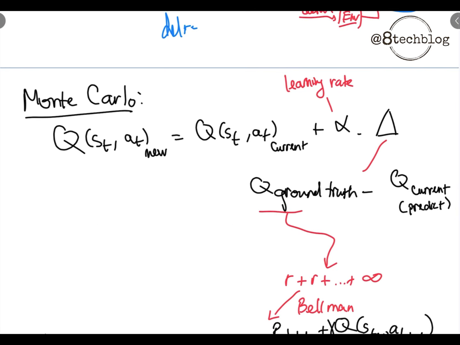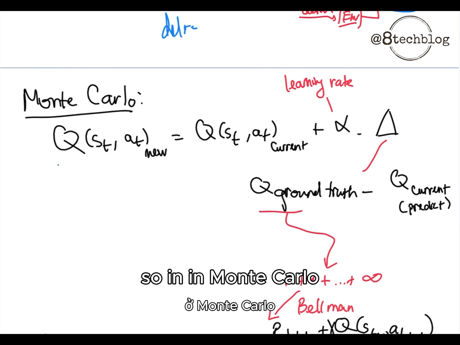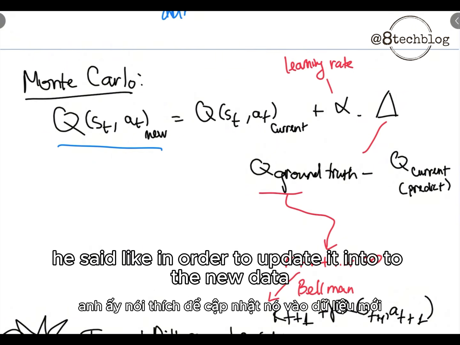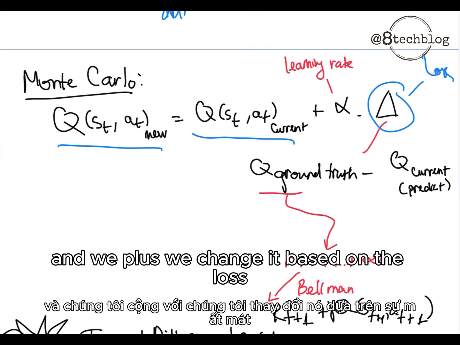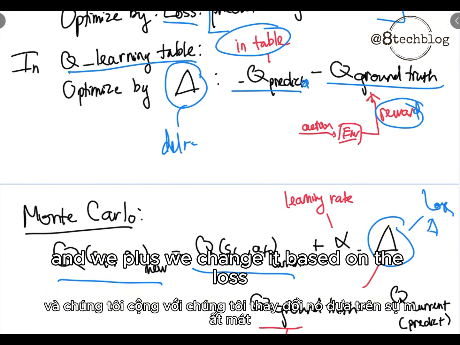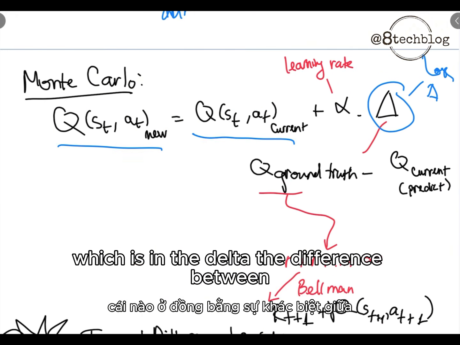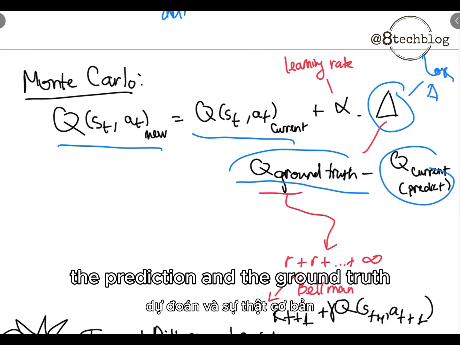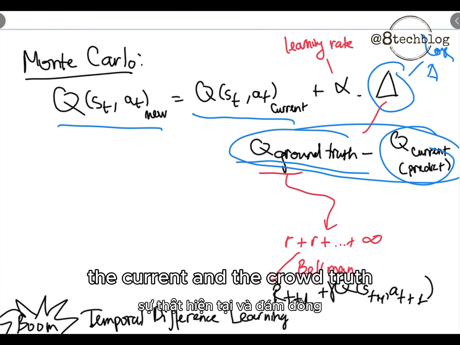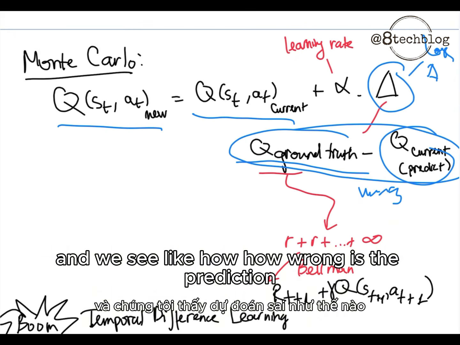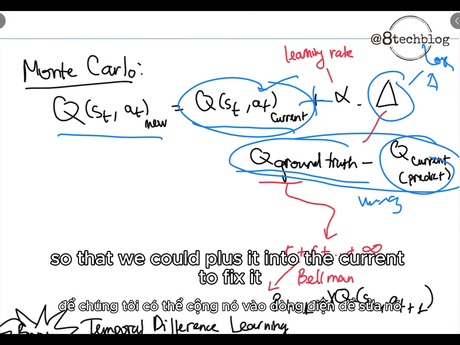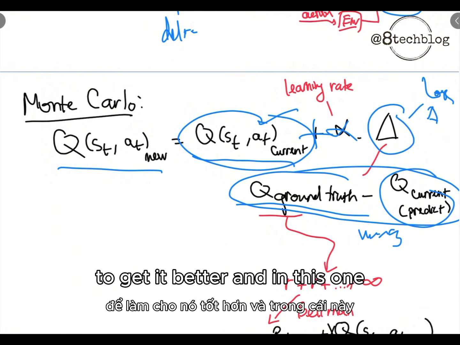So in Monte Carlo, in order to update it into the new data, we need to use the current data, and we change it based on the loss, the delta, the difference between the prediction and the ground truth. We see how wrong the prediction is, so that we could add it to the current to fix it and get it better.